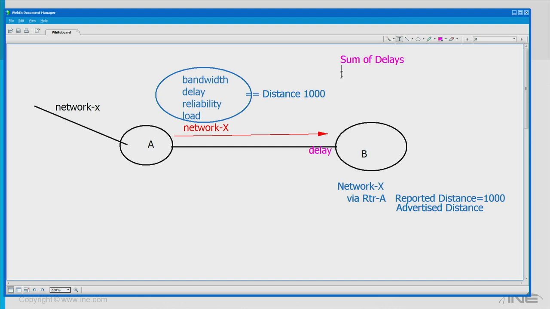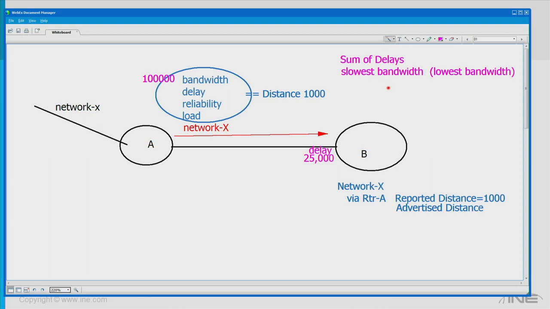Then I'm going to take the slowest bandwidth, or you might say the lowest bandwidth. So this guy might say, okay, well, my bandwidth to get to that was 100,000. I say, but my bandwidth to get to you is only 25,000.